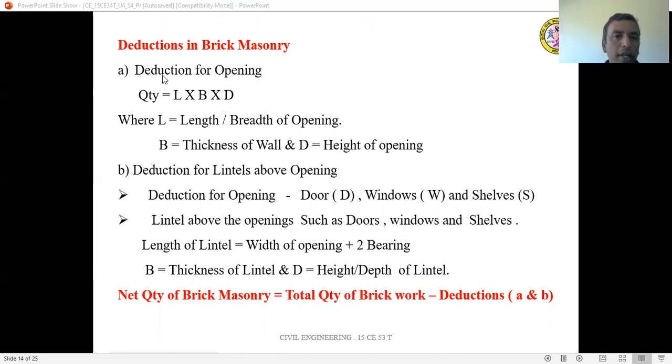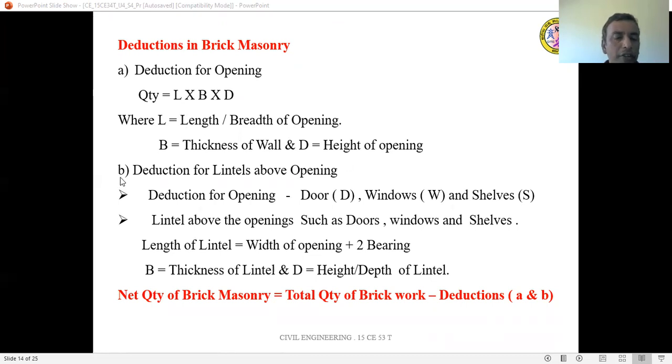First, A, deduction for opening. You have to deduct the opening. In this case, the quantity of the opening is calculated by length of the opening times breadth of the opening times depth of the opening. You will get the quantity of the opening, where L is equal to the length or breadth of the opening, B is equal to the thickness of the wall, and D is equal to the height of the opening.